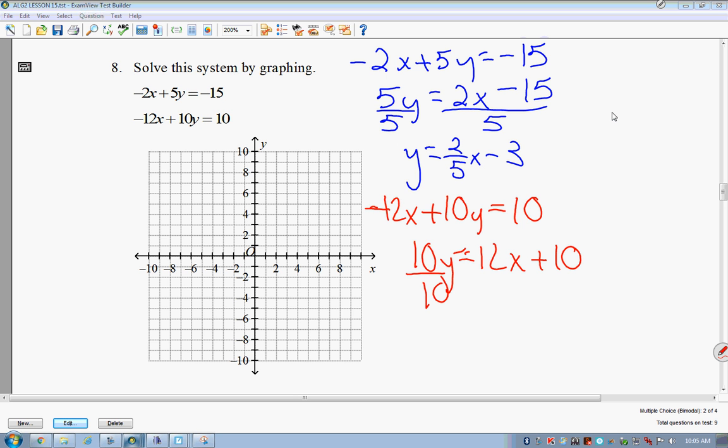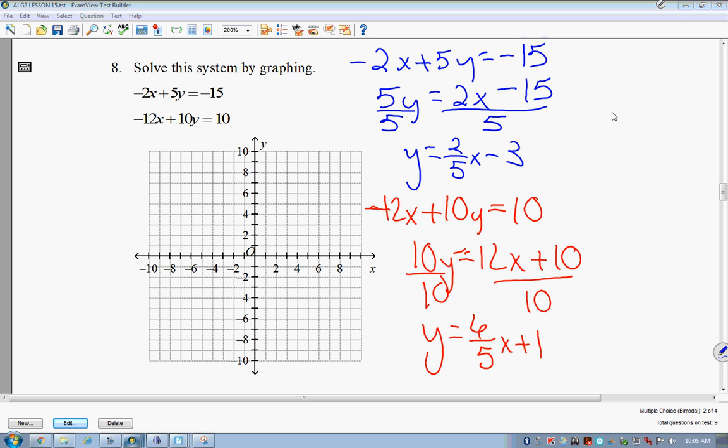Divide by 10. Okay, so y equals, no, not 2x, 6/5 x plus 1. Okay, so let's go about this.